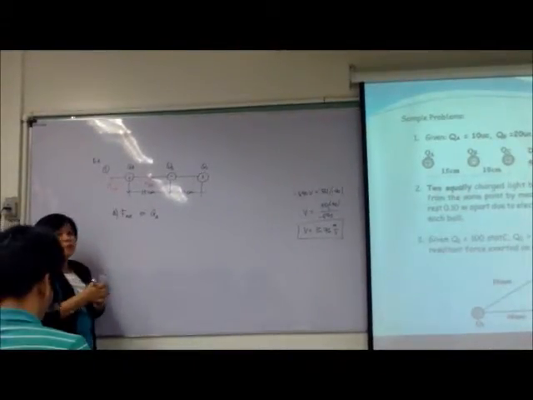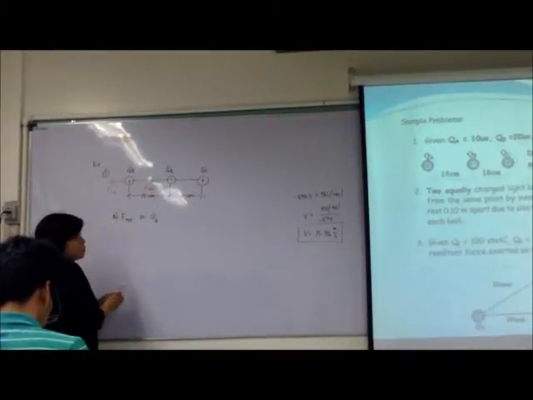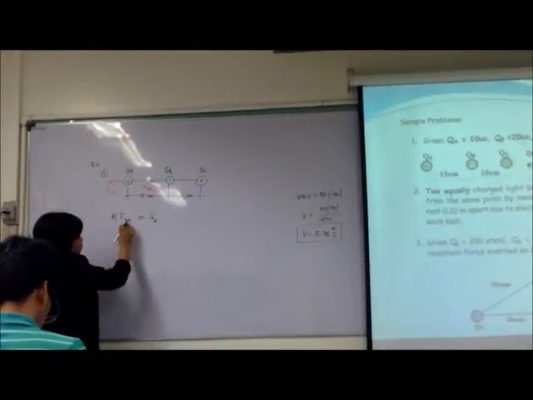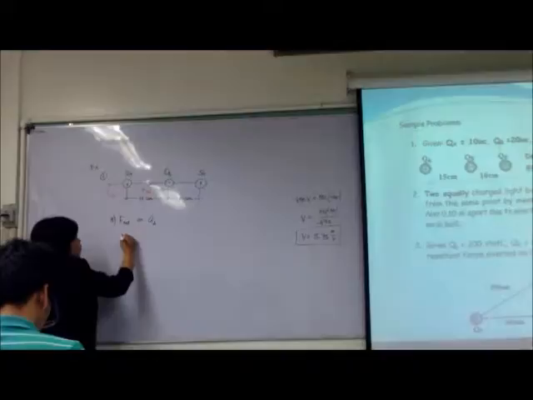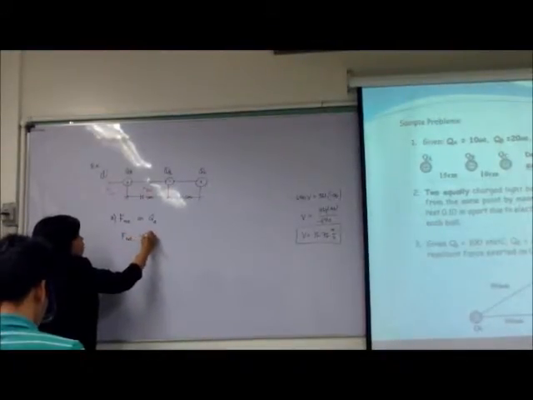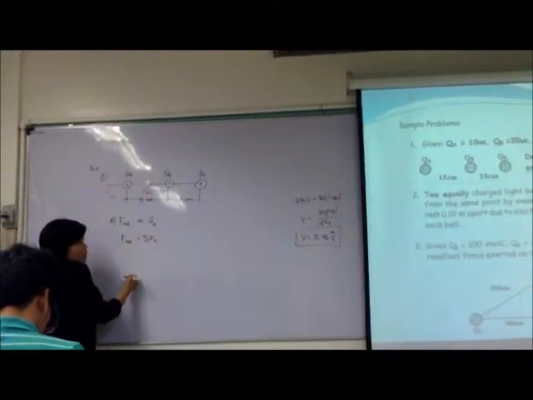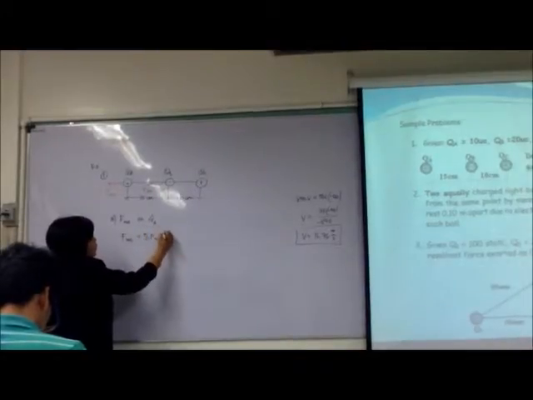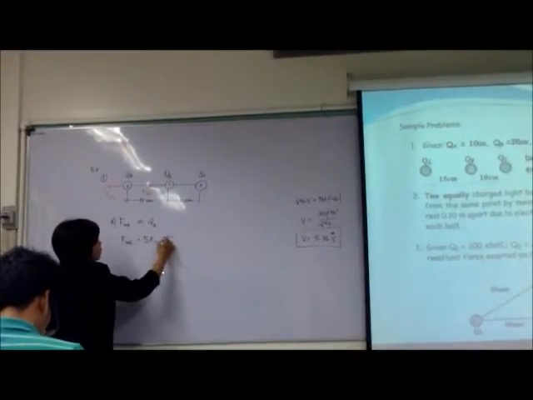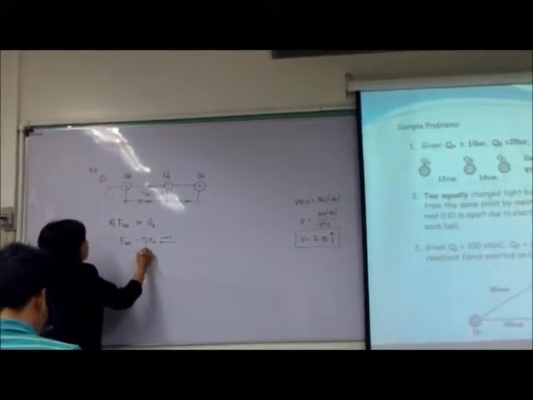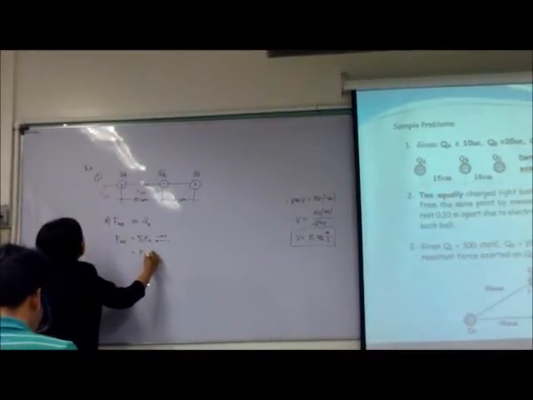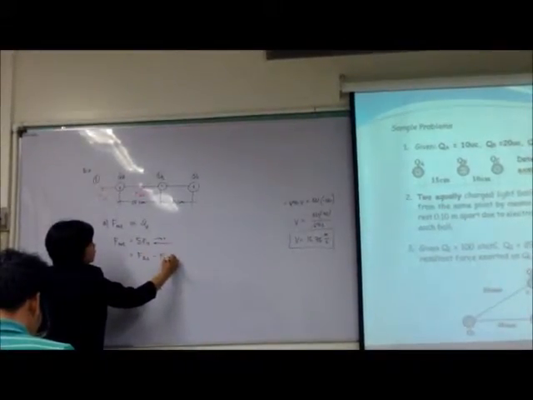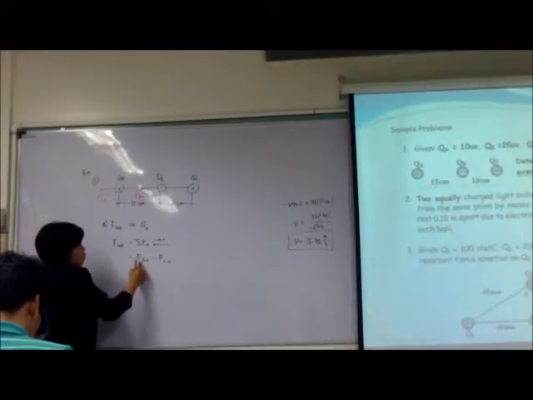And recall your physics 1. How do you find the resultant dealing with forces? It's a vector quantity. So the net force can be obtained as summation of forces along X. We usually consider going to the right as positive, left to be negative. So this can be equal to FBA minus FCA. What is the equation for the force?